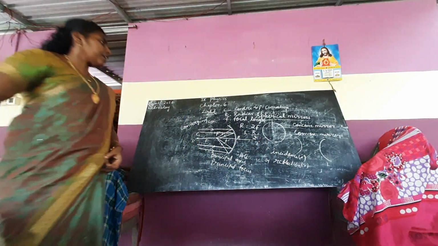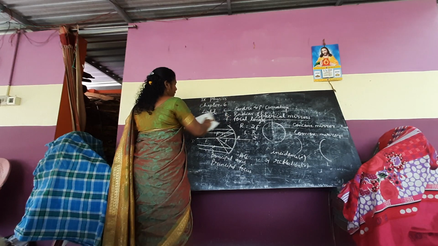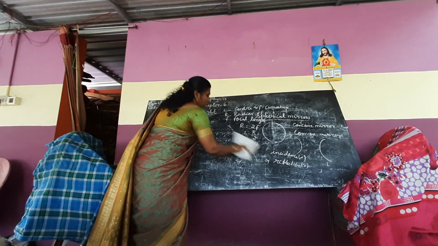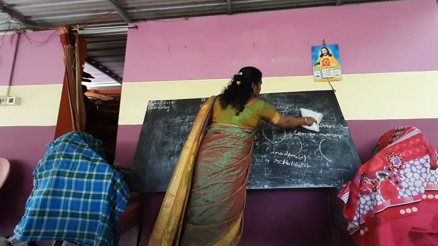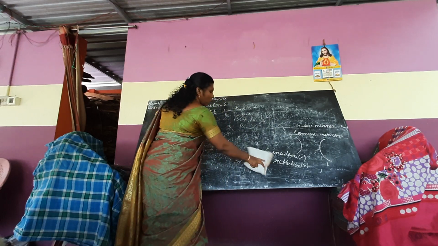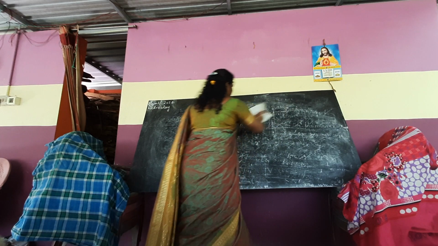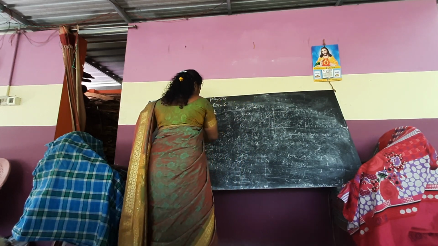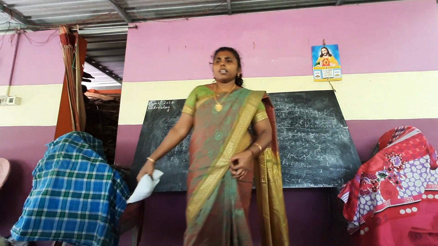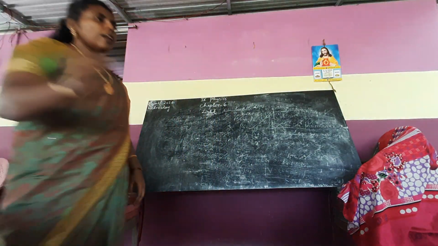Now today we will learn certain rules to draw a ray diagram. We will see what rules are followed to draw a ray diagram. Now all of you take your scale, pencil and note.